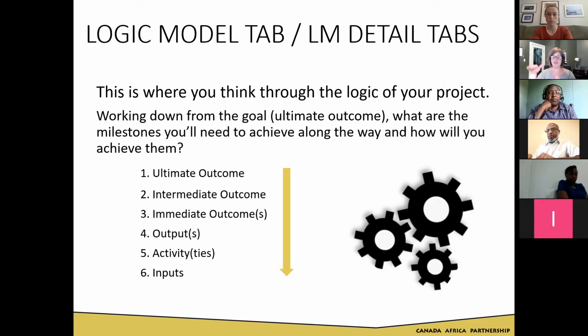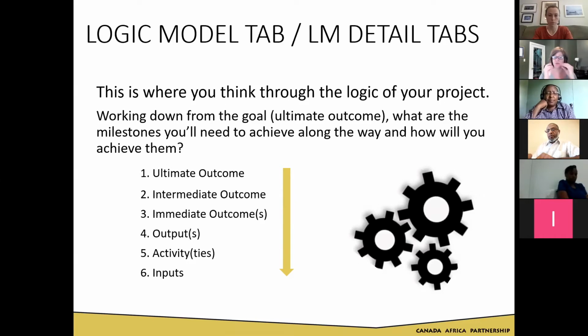Outputs are the completion of the activities that you do through your project. So if you're running a clean water project, the completion of an output statement might be the installation of a water well. And the completion of that would be one of your outputs that would be contributing to, say, elimination of waterborne diseases, improved health, for example.